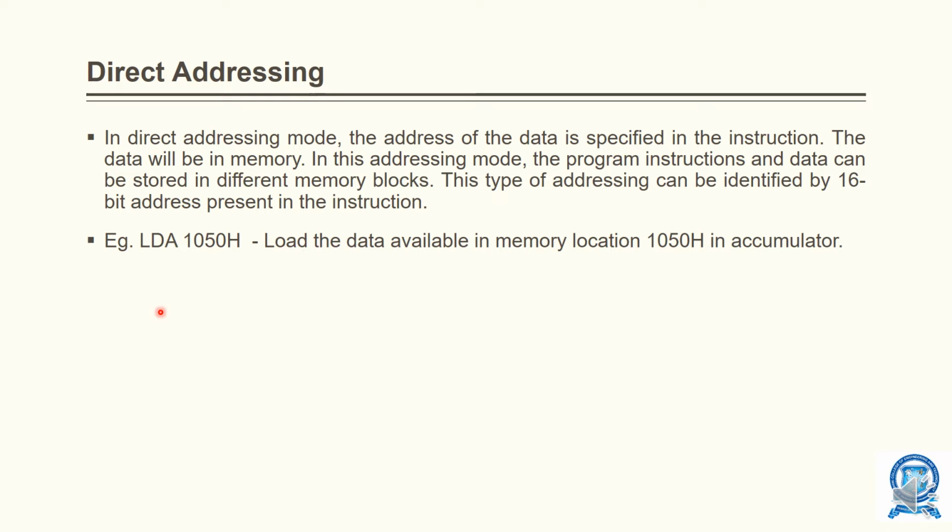Say, for example, LDA 1050H. Here LDA is the opcode and 1050 is the 16-bit address provided. So 1050 is the memory location where the data is present. Here you can see the address of the data is provided in the instruction itself. Such type of addressing we call direct addressing.